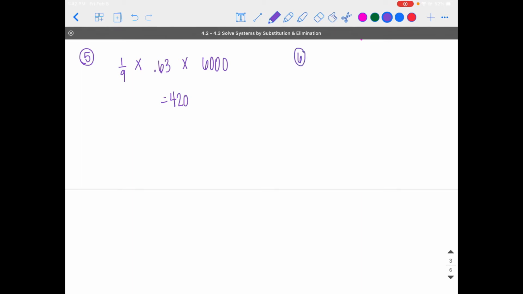Number 6, we know that we have the midpoint and we have one of the ends. So when we have a midpoint and only one of the ends, we do these a little differently.